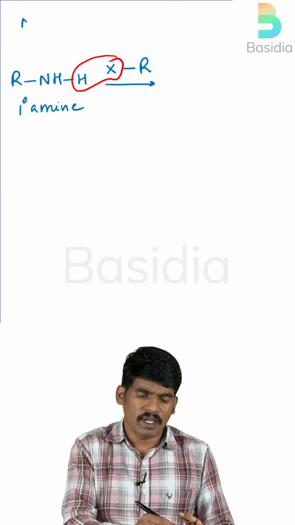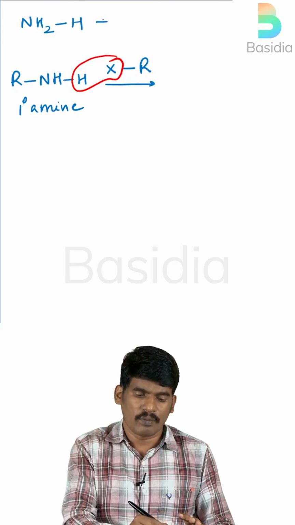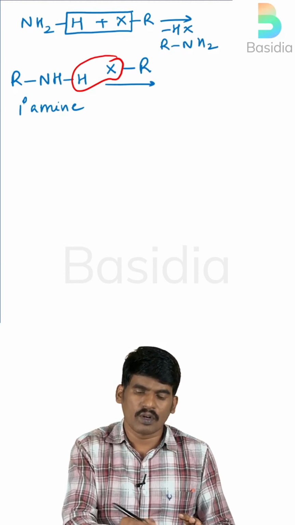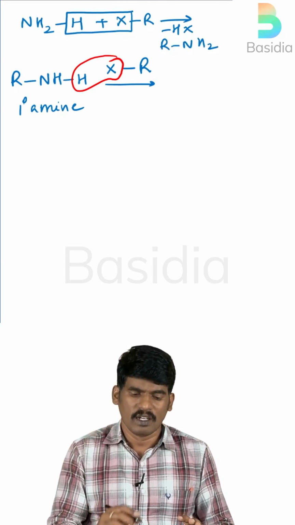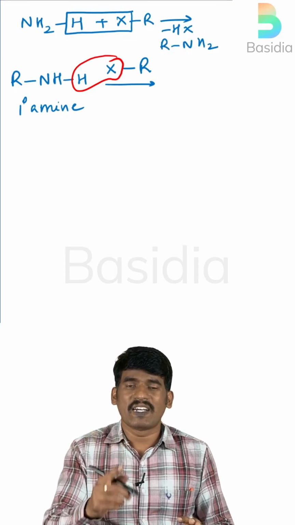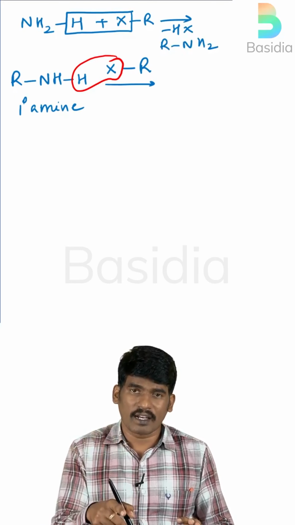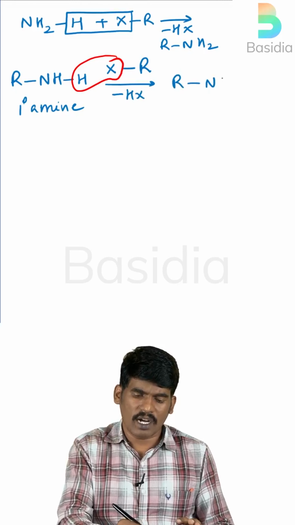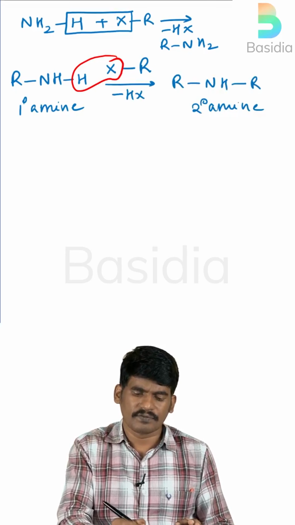To get this primary amine, I have to take ammonia plus RX, alkyl halide. HX can be removed. What we got is RNH2. That is a primary amine. That primary amine is treated with another mole of alkyl halide and HX can be removed. It gives RNHR, which is a secondary amine.